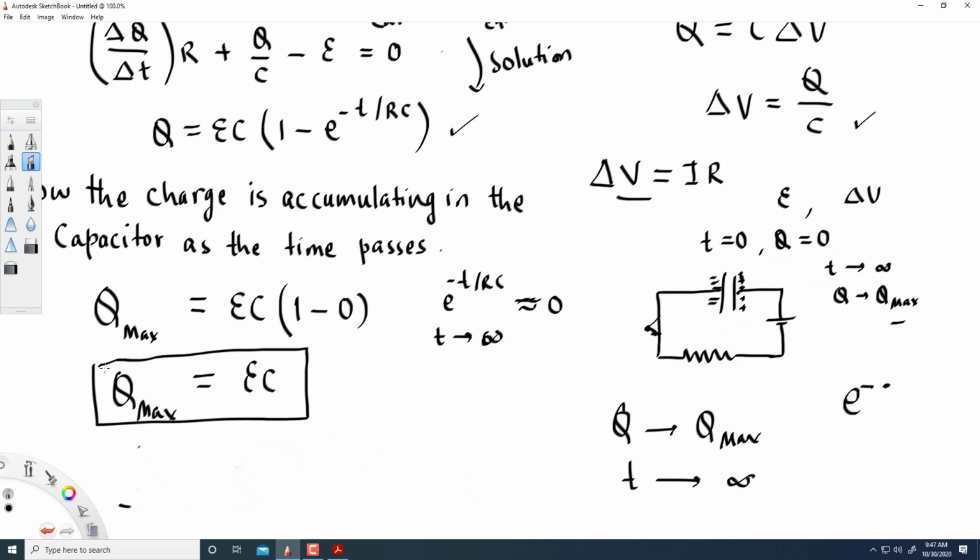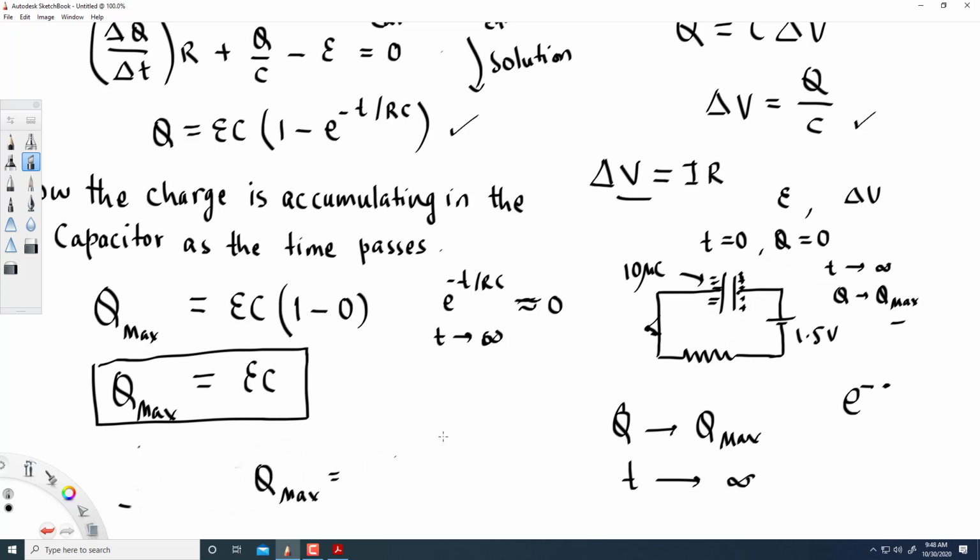So you are asked to find what is the maximum charge in the capacitor after a long time. What you do, you multiply the potential difference of the battery, or EMF of the battery, and the capacitance of the capacitor. Let's say we are using the capacitance 10 microfarad and the battery has 1.5 volts. Then how much charge will there be after a long time?